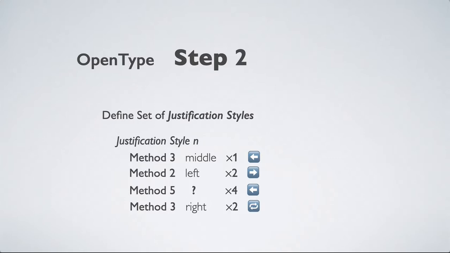We can see that some will be executed only once, some twice, some 4 times. And in some cases, for example, we can choose a random location of the line or a random directionality.